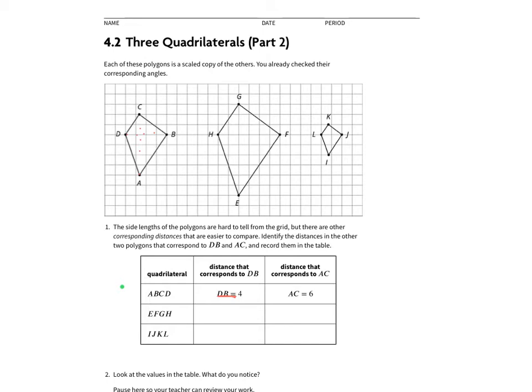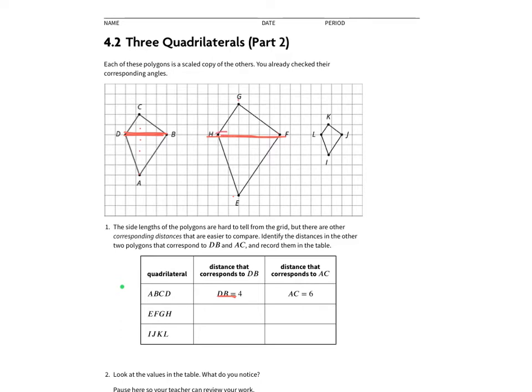Now what this table is asking is, in polygon EFGH, that's the second polygon, can we find the distance that corresponds to DB? Well, DB went right here, so the one that would correspond to it would be this one. How long is that segment, the length of HF?